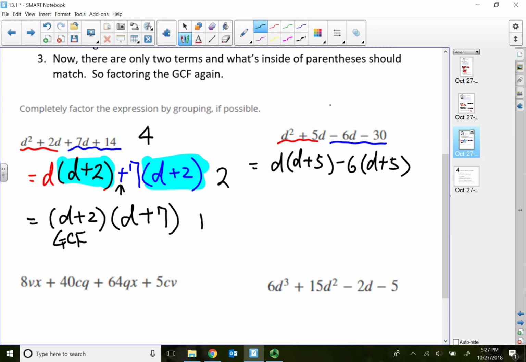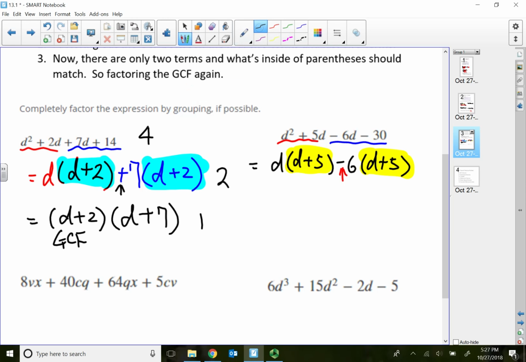So again, with the subtraction sign outside the parenthesis, that tells me now I have 2 terms. And what's the same between the 2 terms is what's inside the parenthesis. So we need to do whatever we have to do to make sure the 2 parentheses match. Make sure what's inside the 2 parentheses are exactly the same.